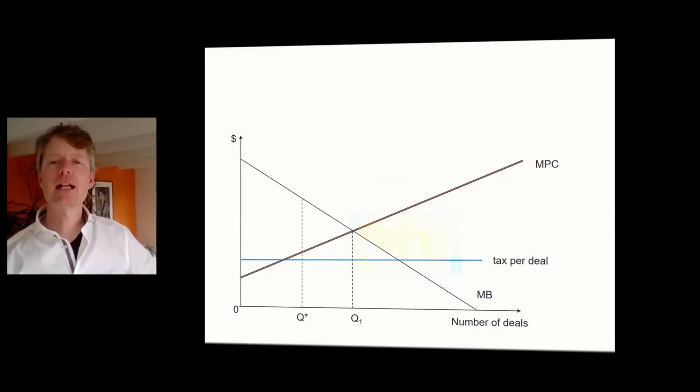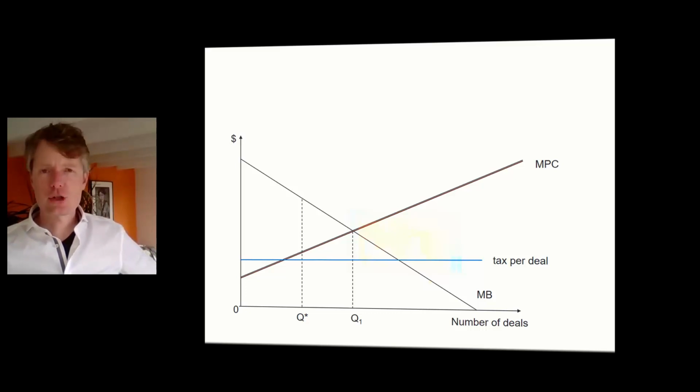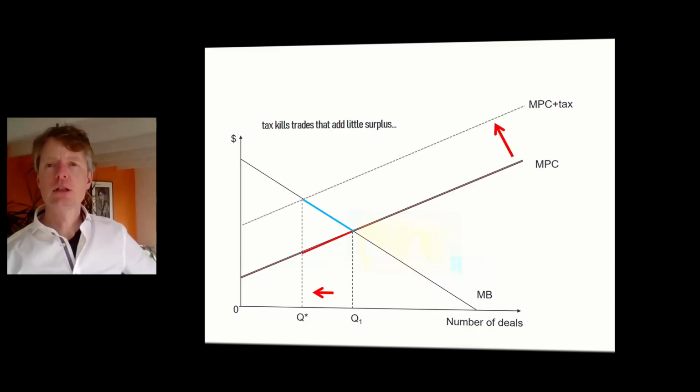So instead, we're going to have a tax per deal. And the tax per deal is exactly equal to the marginal external cost of each deal, i.e. it is exactly $20. Now, with this tax per deal, the suppliers face a higher cost per deal, right?